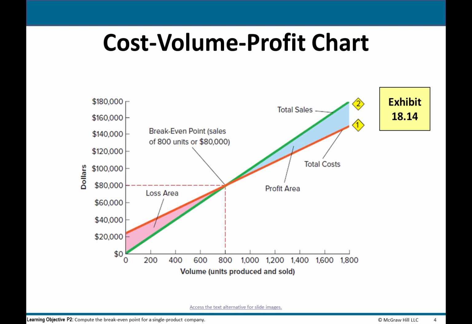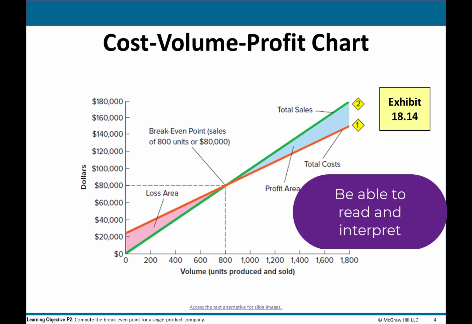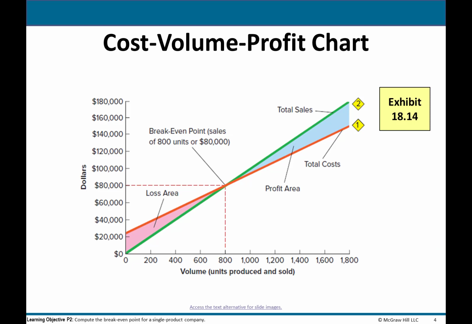On the screen, you'll see a cost, volume, profit chart. Although we won't have time to go over exercises such as this in class, make sure you have the ability to read one. You'll notice that the green line is the sales line, and the red line is the total cost line, since break even is the intersection of these two lines, or the point where no income and no loss is made.